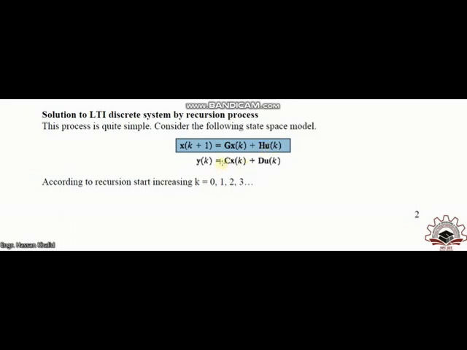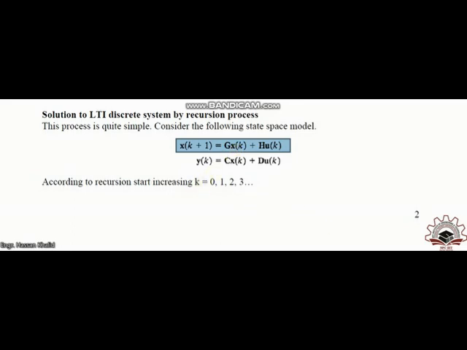That means each time you increment the value of k, the state equation is one step ahead, and it depends on the prior condition, also termed the initial condition, what it was before you incremented k.